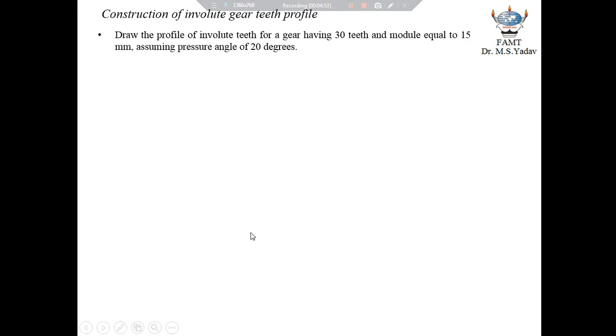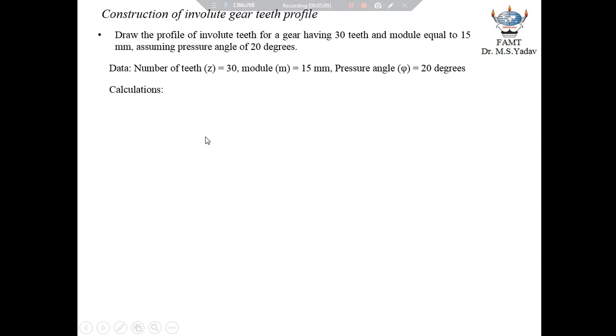Here is the statement of the problem. We have to construct involute teeth profile for a gear with 30 teeth, module 15 mm and pressure angle equal to 20 degrees. Let's do some calculations first. We know module is the ratio of pitch circle diameter and number of teeth.